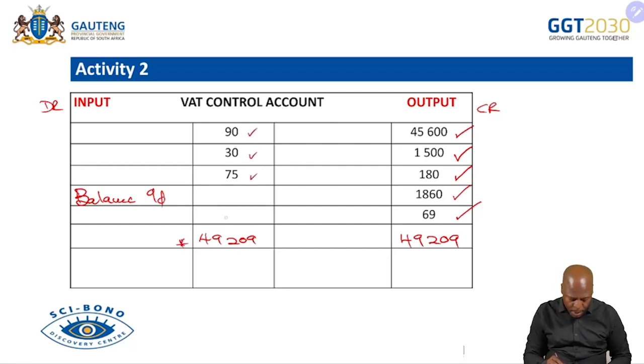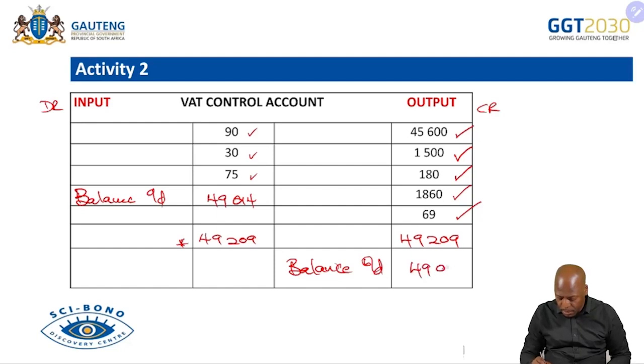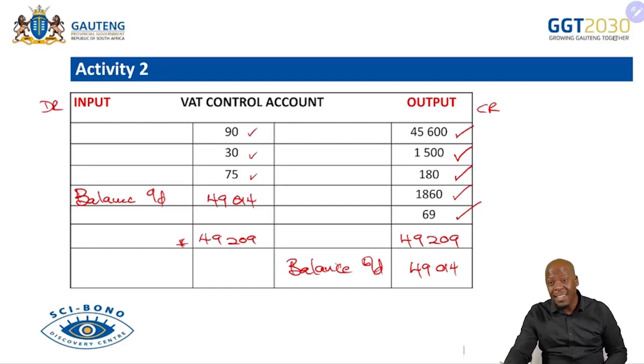And then I'm going to get 49,014. Therefore, here it becomes my balance brought down, which is 49,014.